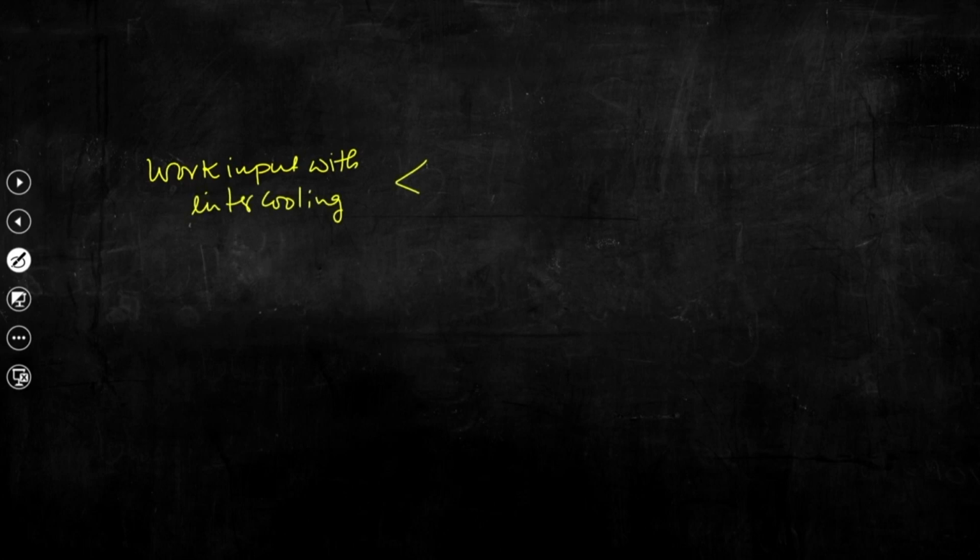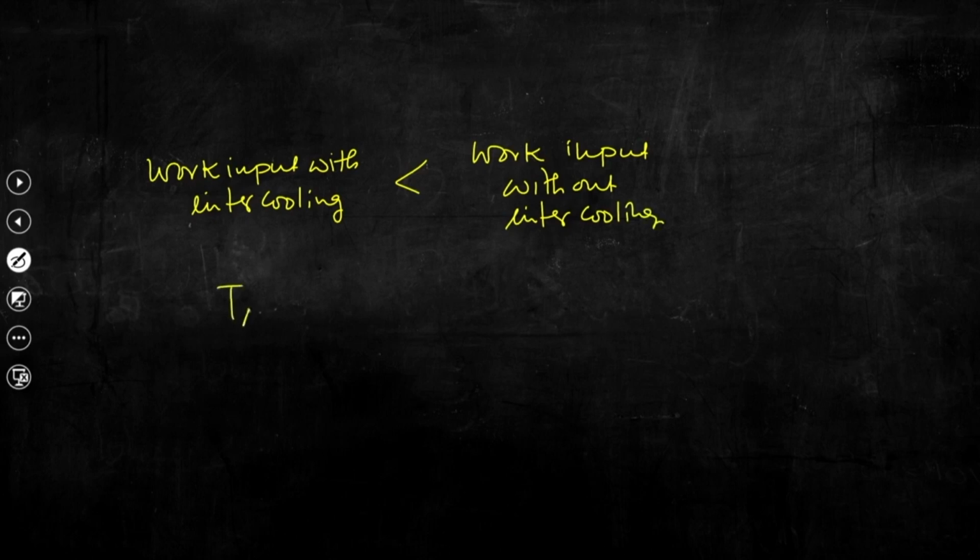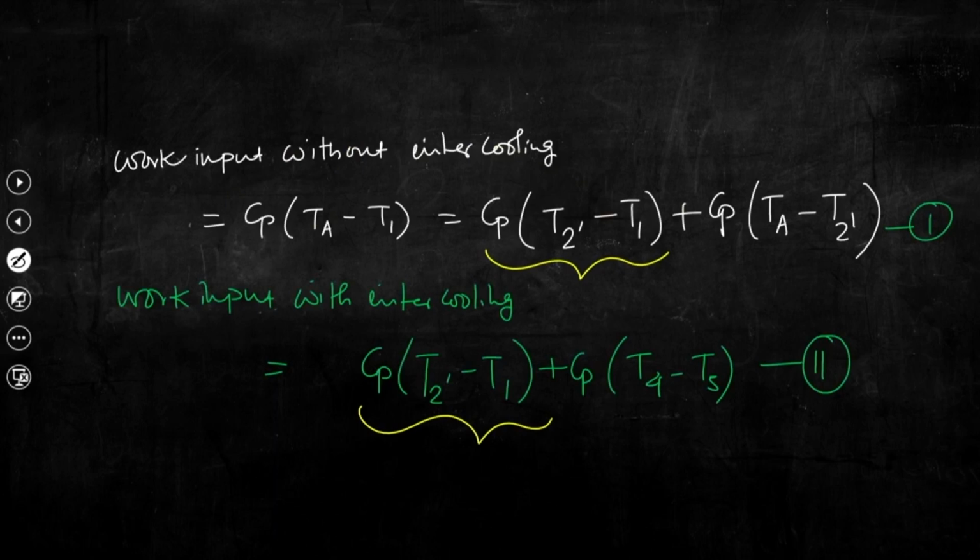So, that means we can write that work input with intercooling should be less than work input without intercooling, provided this Cp into T4 minus T3 is less than Ta minus T2 prime, right.